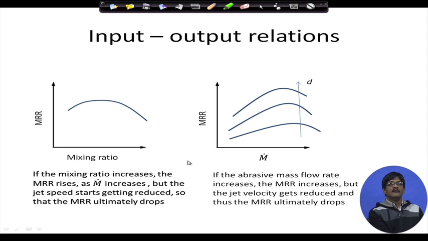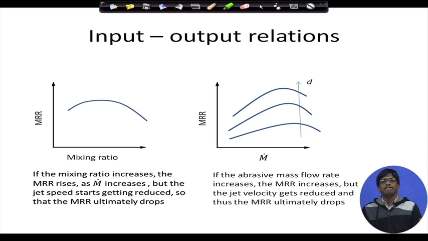Next, the change of mixing ratio causes a change in MRR. Now, what is mixing ratio? If you remember, we have defined mixing ratio according to our definitions, and as per our definition, mixing ratio is simply mass flow rate of abrasives divided by mass flow rate of the carrier gas.